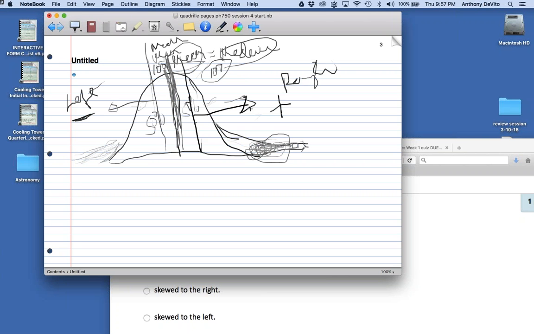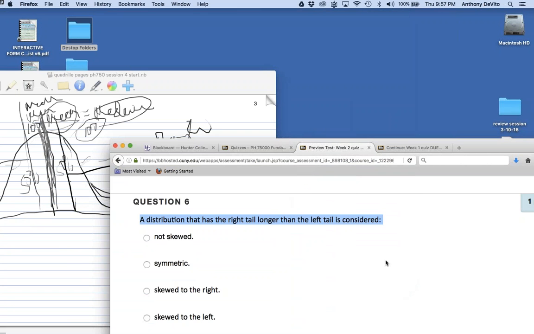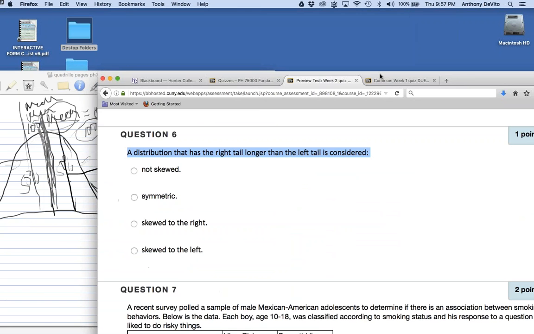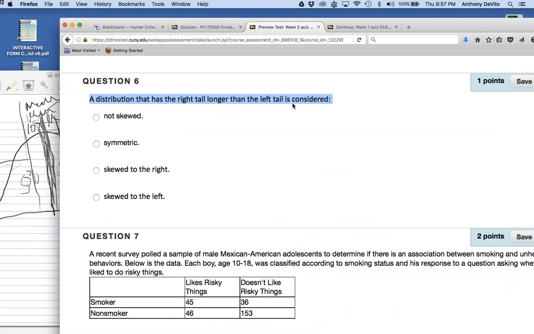So let's go back to that question and see how we would answer. The distribution has the right tail longer than the left tail. It's skewed, right? It's not symmetric. It's skewed to the right because there are people in that tail with very high numbers, very fat if it's weight, very high blood pressure if it's blood pressure, and so on, that are pulling the mean away from the median to the right.